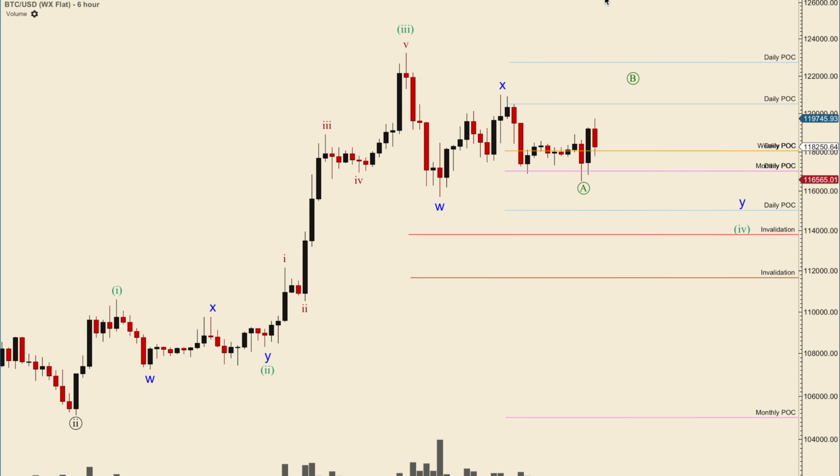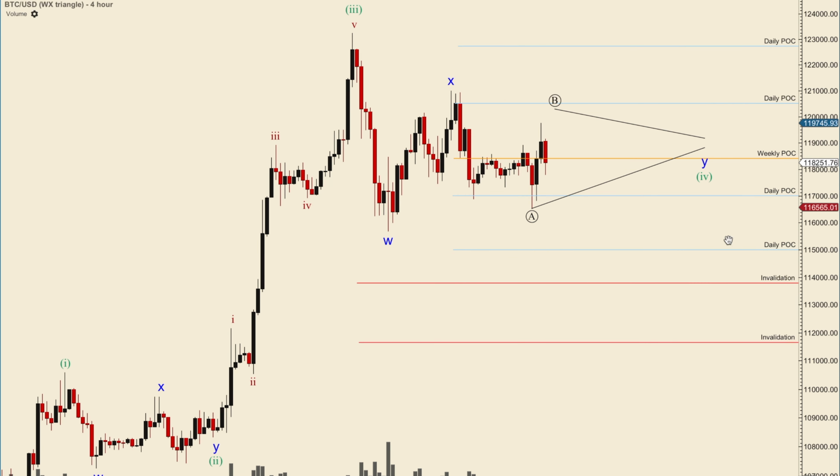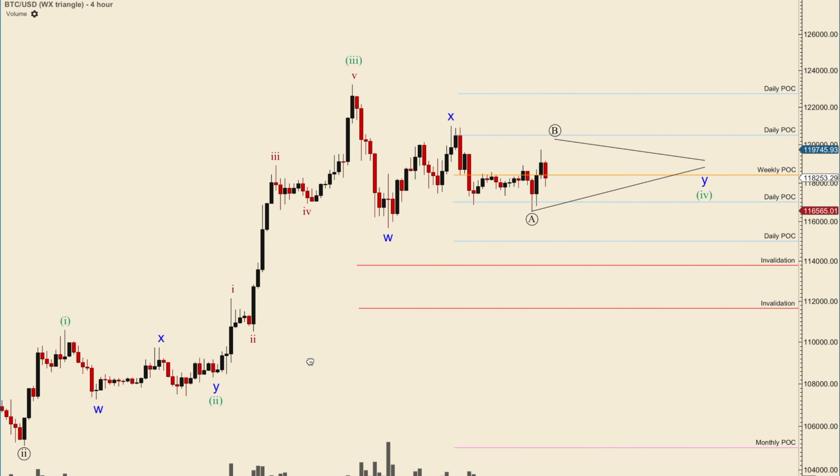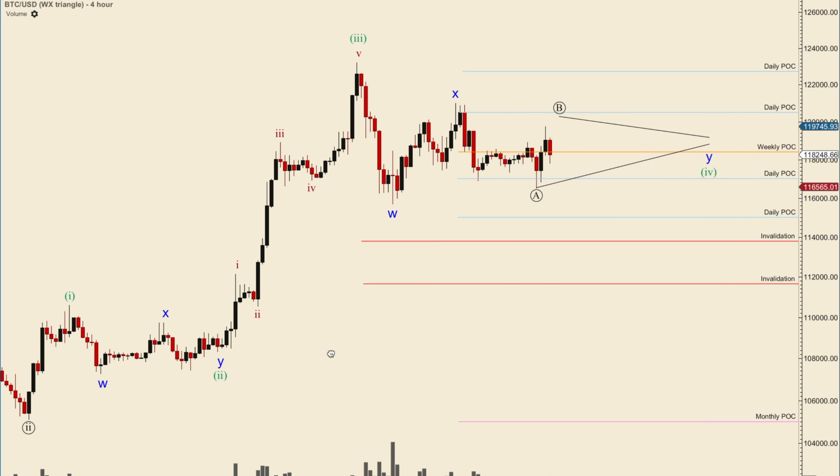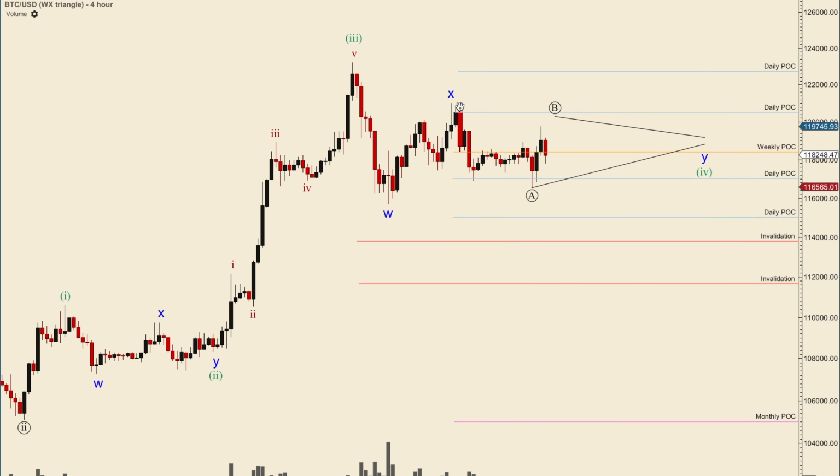And also we have this scenario. This is the same count, by the way. All are looking for higher prices. But here we have a W, X, and then we have A, B, C, D, and E to finish as a triangle.